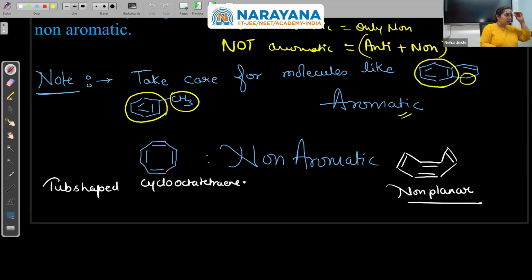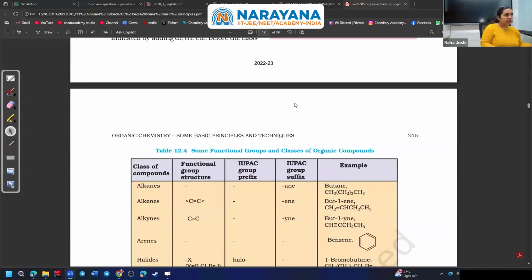It is good to read the NCERT at least 2 to 3 times before the final exams. Let me share the screen. Are you able to see the NCERT?